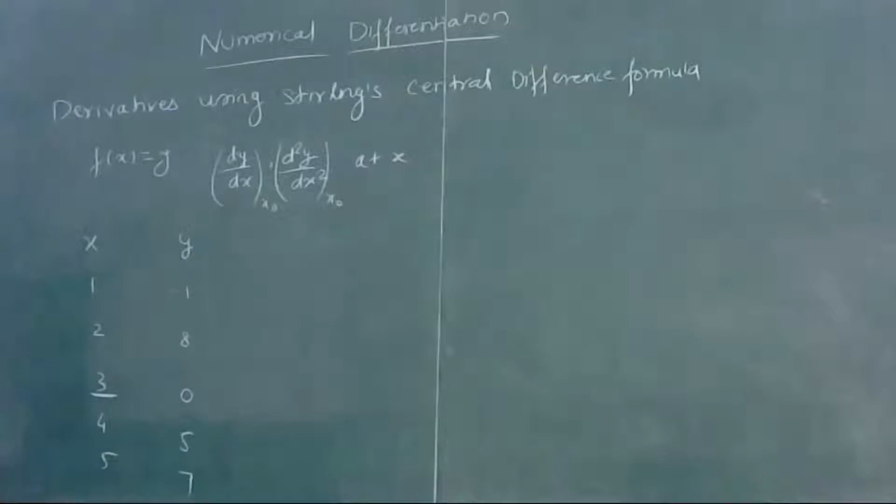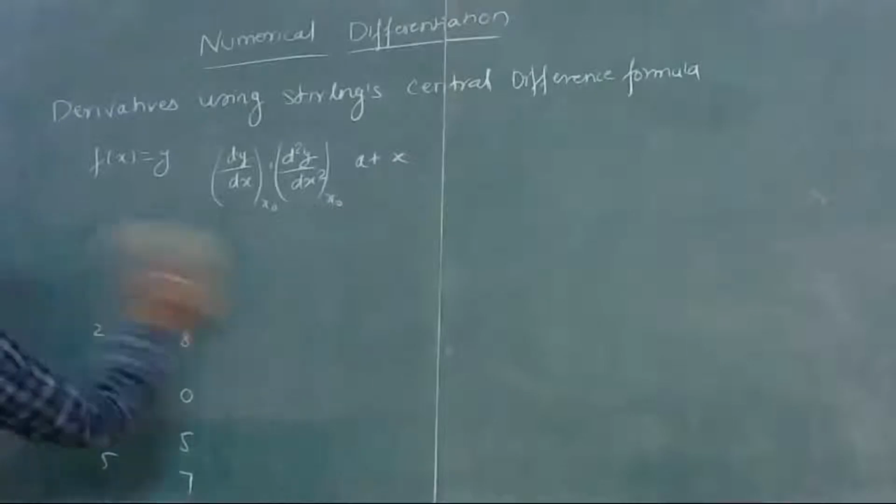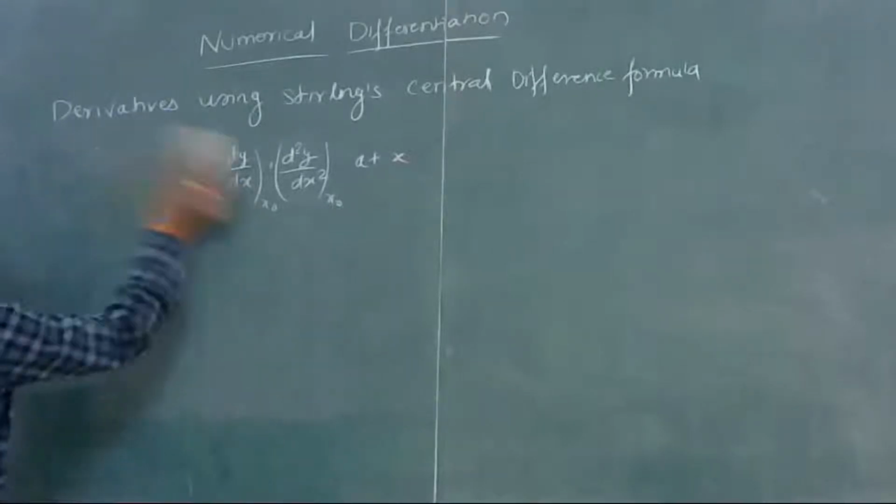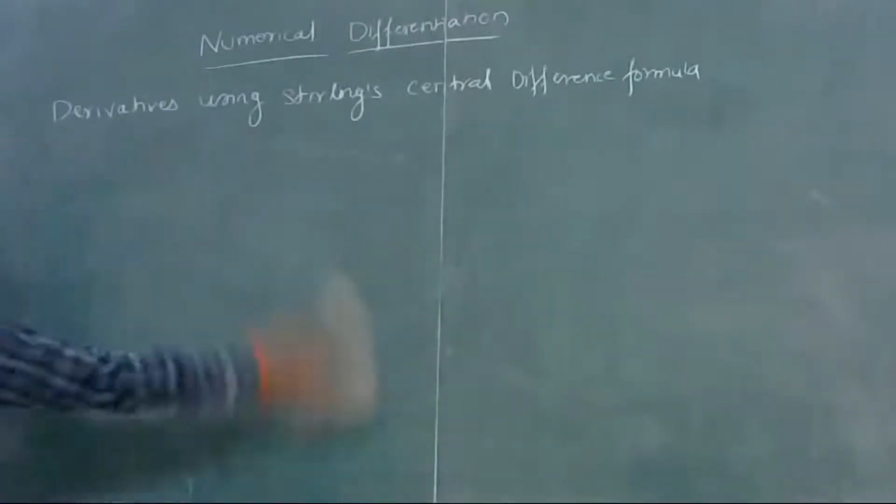So where we will use this: when you have to find the value of dy by dx or any derivative of the given function in the middle of the table. So you should know where it will be applicable.